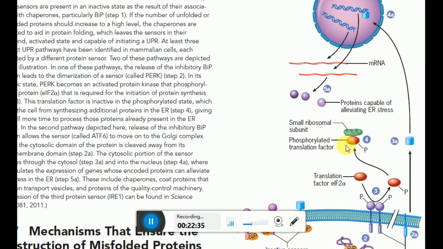it is carried to the ribosome, where the ribosome creates a signal. Now this signal is created by mRNA that is transcribed from the nuclear DNA.